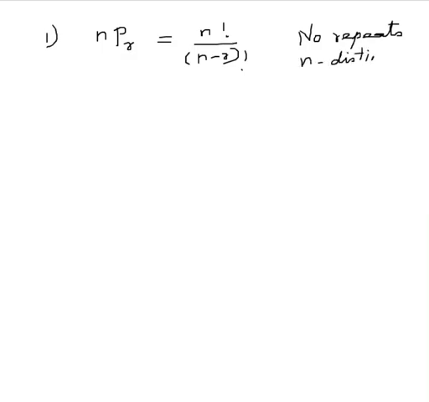And for nPn, you can use the same formula: n objects are given and you have to arrange all n objects. So the formula becomes n factorial by 0 factorial. We know the value of 0 factorial is 1. Therefore, nPn is n factorial. Then the second formula: you have n objects and you have to select r objects and arrange those r objects, but repetition is allowed here.